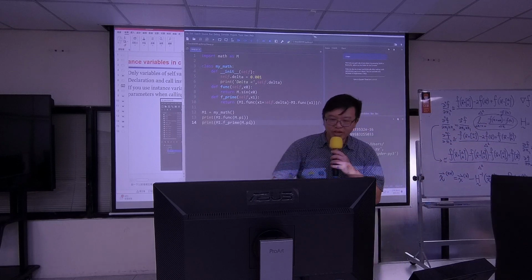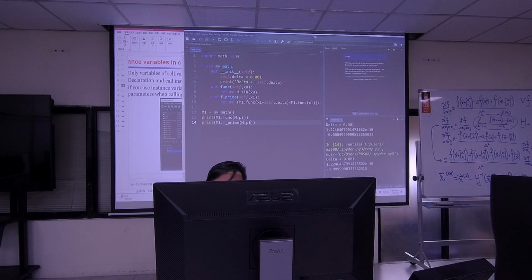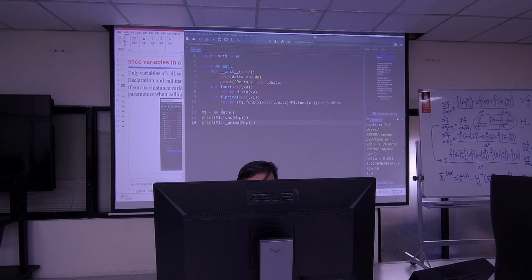Okay? So over here, let me tell you what happened inside Python. First line, I initiate my math. So Python will run this part. I define a small value called delta using this local variable called self. So self.delta is a local parameter inside the class. Now, first I will print out function of pi.